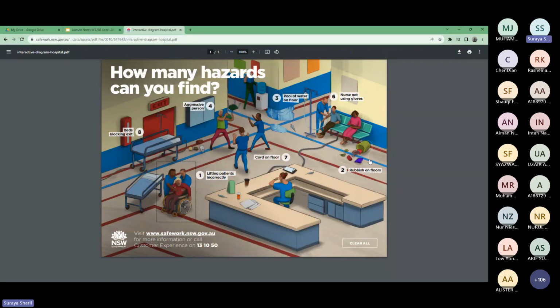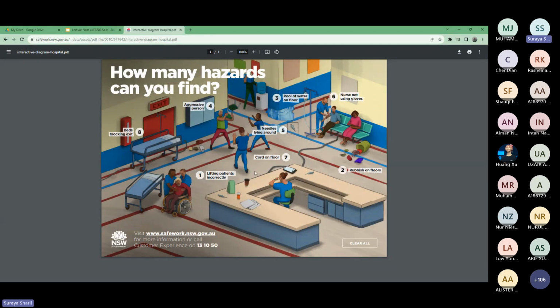So 1, 2, number 3. Didn't find it. Where is it? There is a syringe on the floor near the water. Yes, it's near number 3, Doctor. There is a syringe on the floor. Right. So 1, 2, 3, 4, 5, 6, 7. So there are 7 in this case.